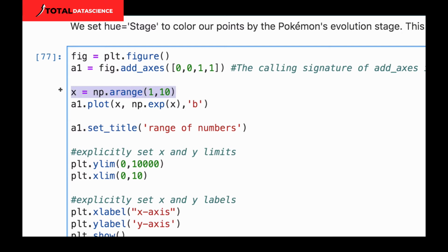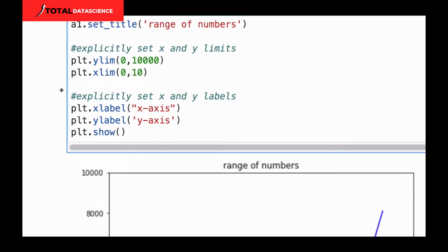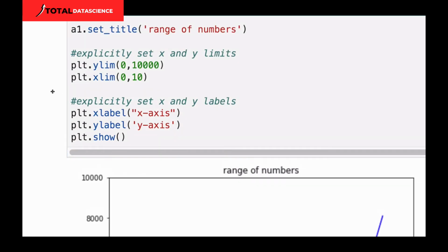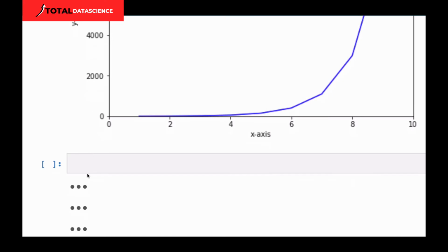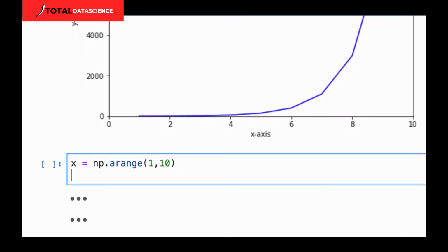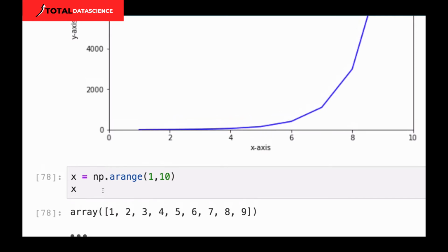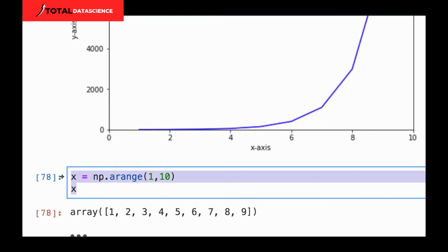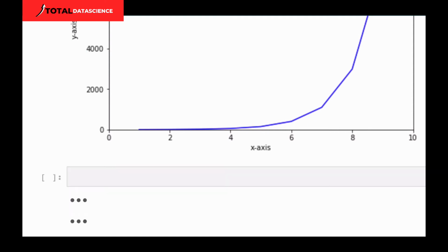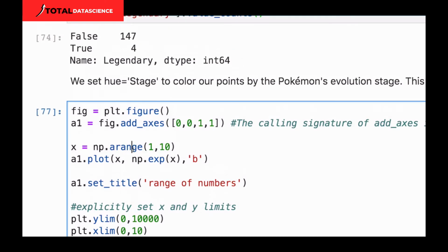If I run only this one, you will see the output: 1 2 3 4 5 6 7 8 9. That's going to be my x values.